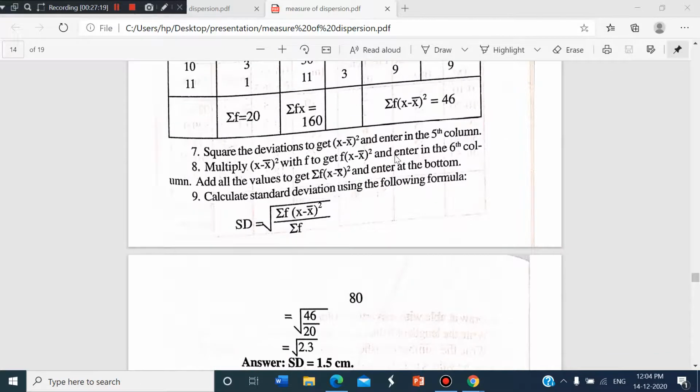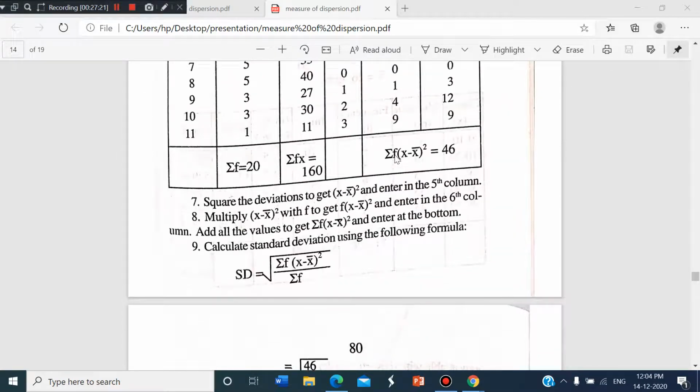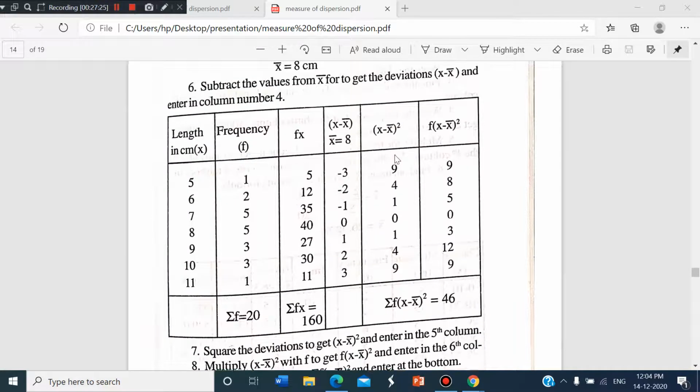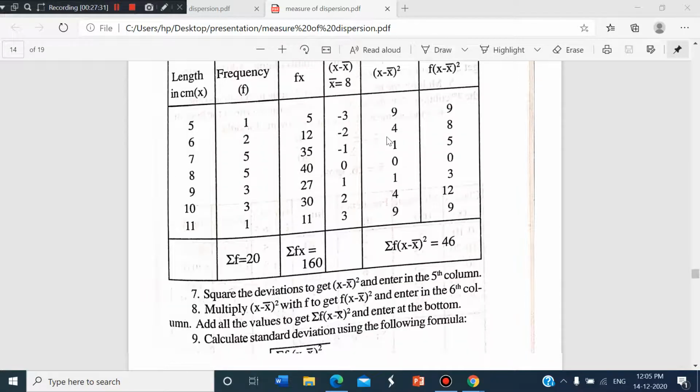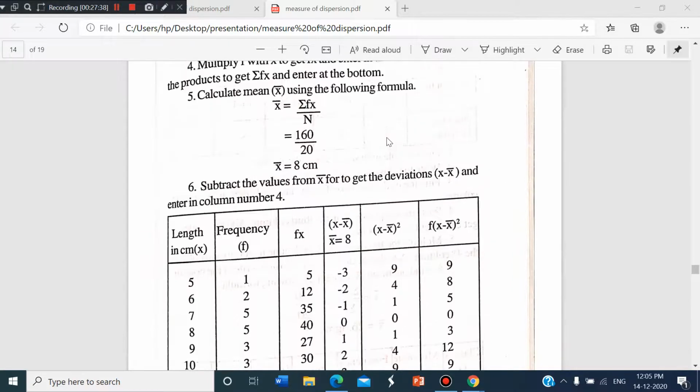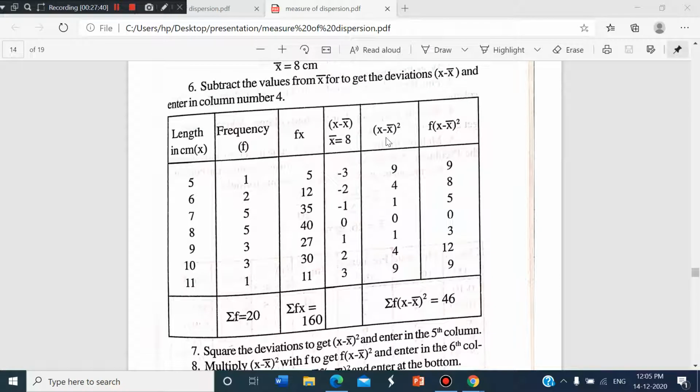See here, f into x minus x bar. Here it is x minus x bar square. What is x minus x bar square? X bar is 8. This is the value of x. X minus 8.